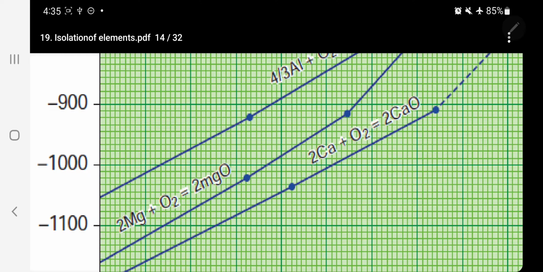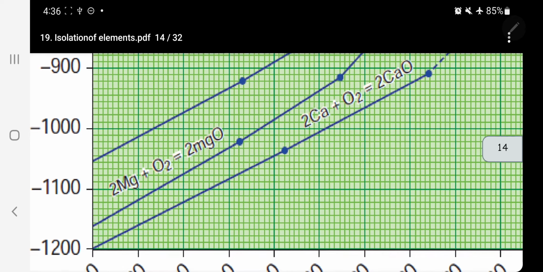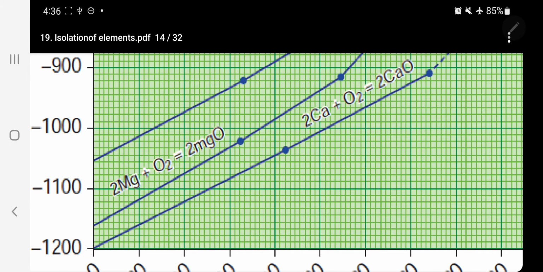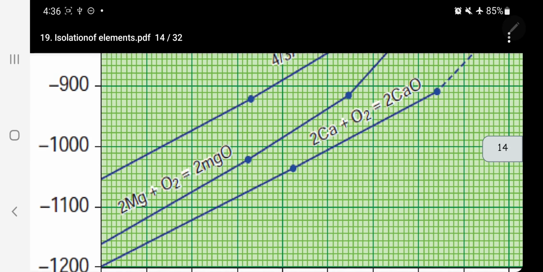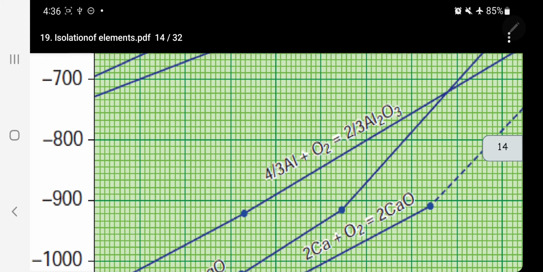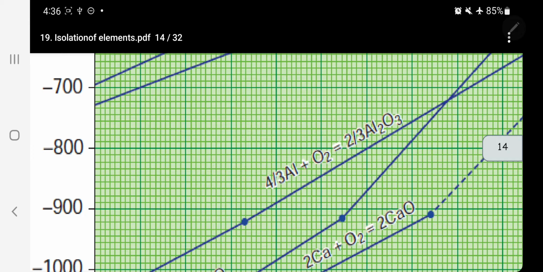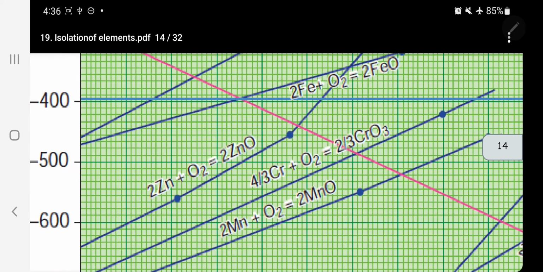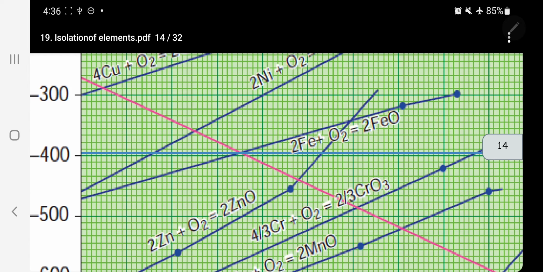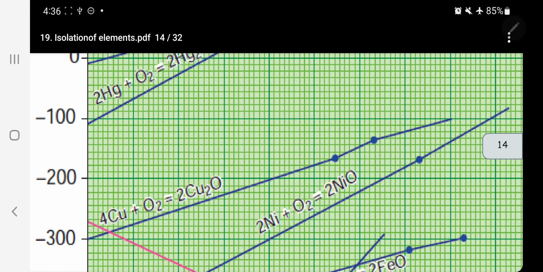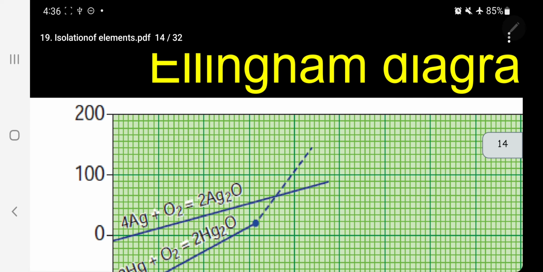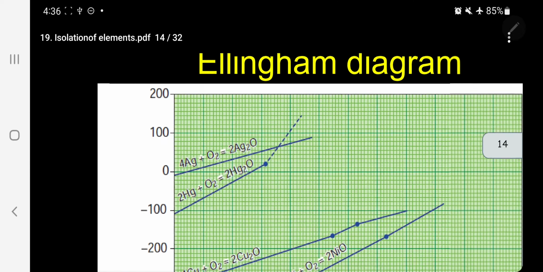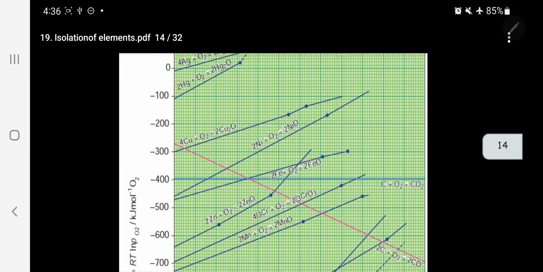Calcium is the most basic metal among the given. So the order is calcium greater than magnesium, greater than aluminium, greater than manganese, greater than chromium, zinc, greater than iron, greater than nickel, greater than copper, greater than mercury and silver. This is the order you have to follow.